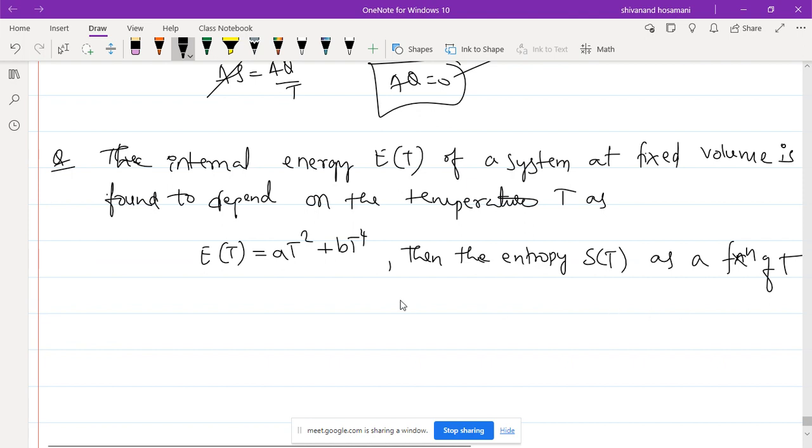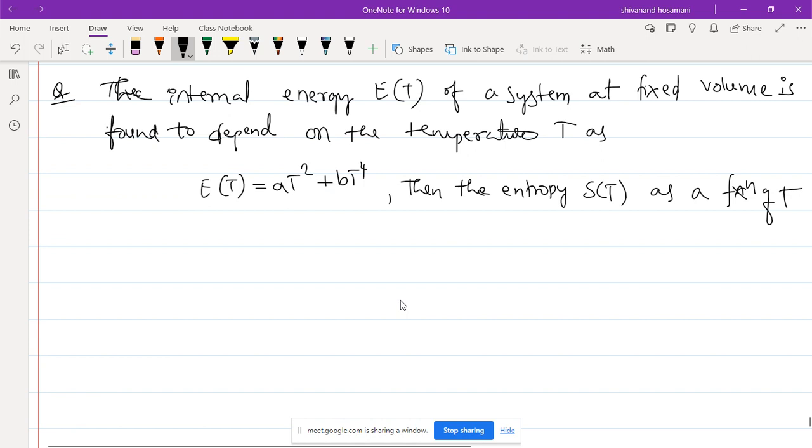Internal energy is given. Fixed means constant volume is given, then what happens to entropy? What is the relation between this internal energy and entropy? Oh, see, we had a hint about one fixed value.